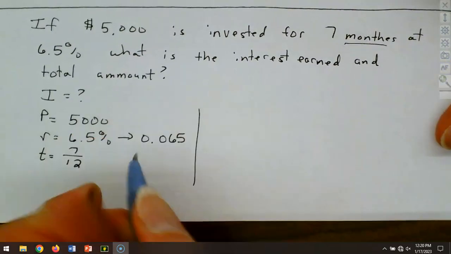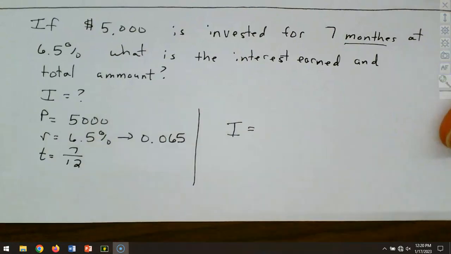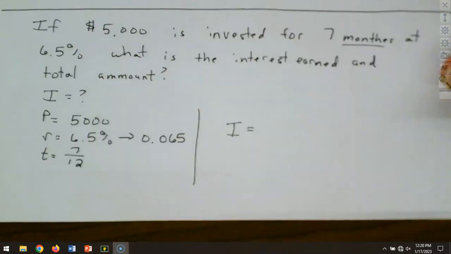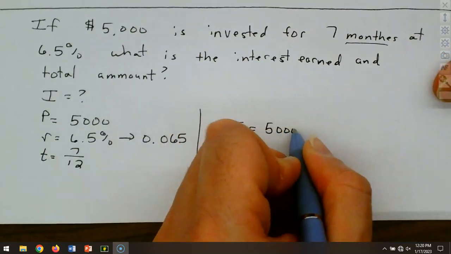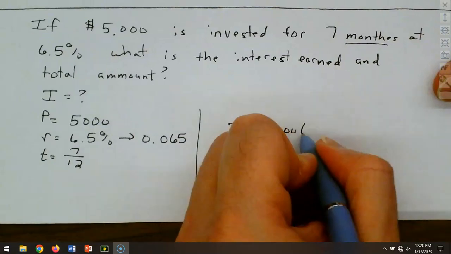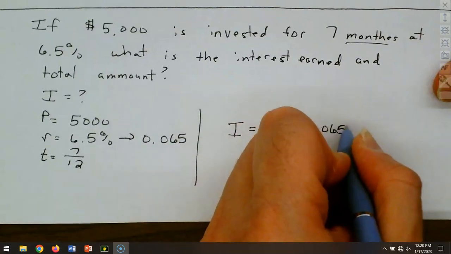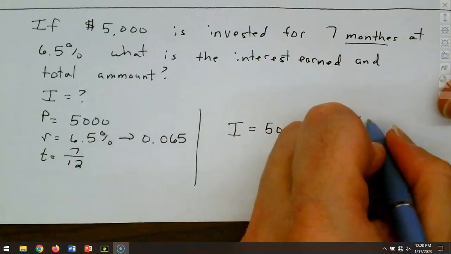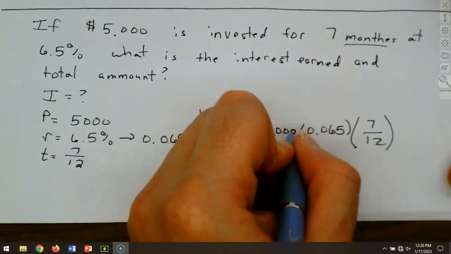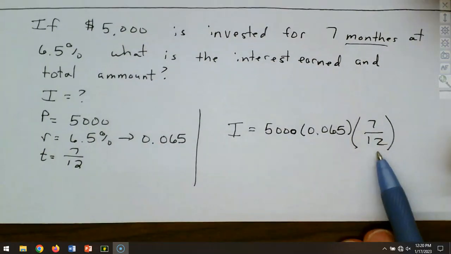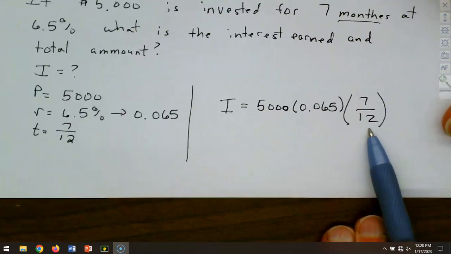So let's write up our formula. I equals PRT. So that's I equals now the 5,000 times 0.065 times 7/12. Do not turn this into a decimal yet.